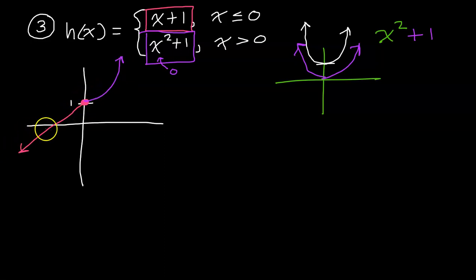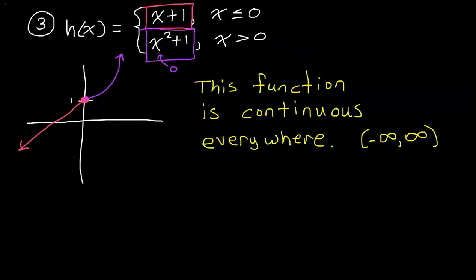So as we approach 0 from the left, we're approaching a y value of 1. As we approach 0 from the right, we're still approaching a y value of 1. So there is no discontinuity here. So we can say that this function is continuous everywhere from negative infinity to positive infinity.